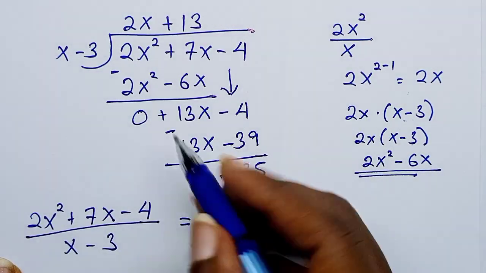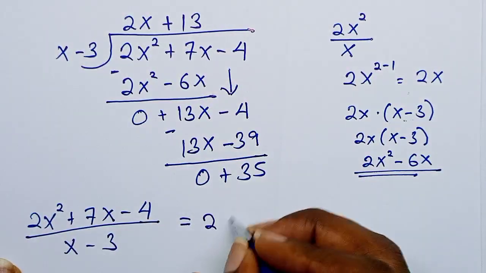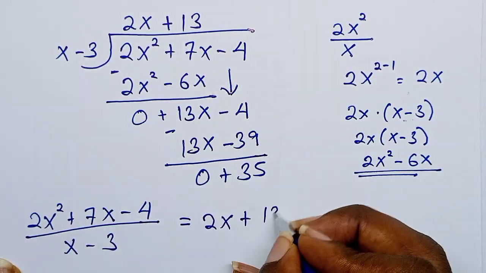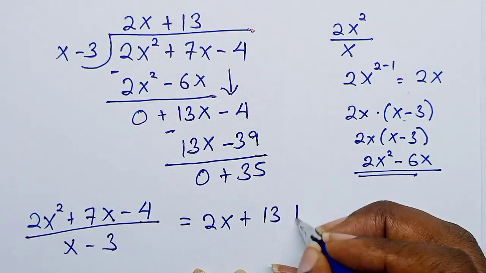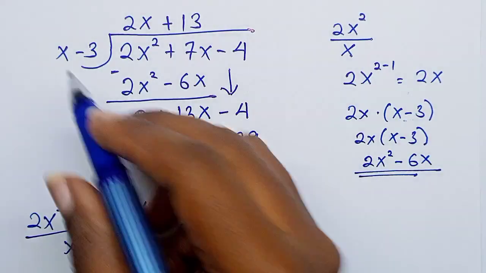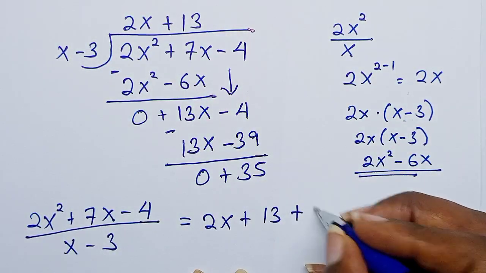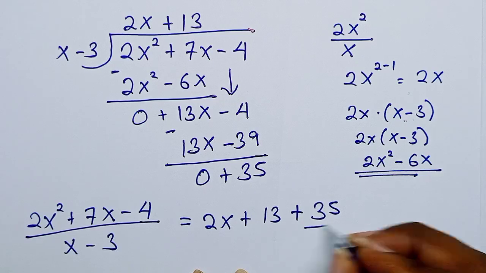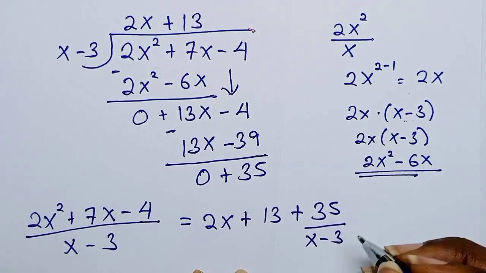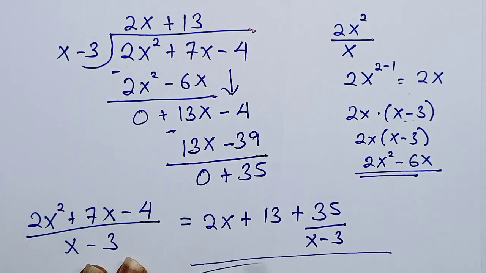So this is equal to the answer, which is 2x plus 13, then plus, remember this is still divisible by the divisor, so plus the remainder over the divisor, 35 over x minus 3. And this is the answer.